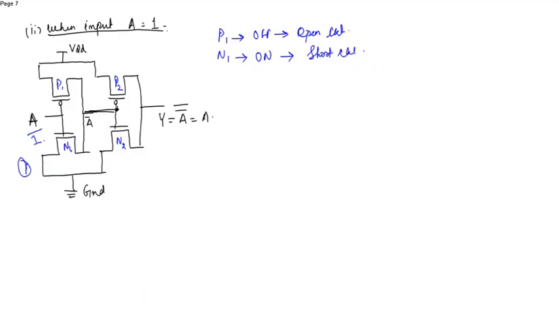This is the first stage. In the second stage, you can see P1 is open, N1 is short circuited, and this is ground.